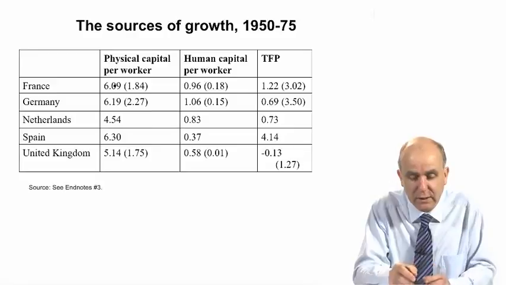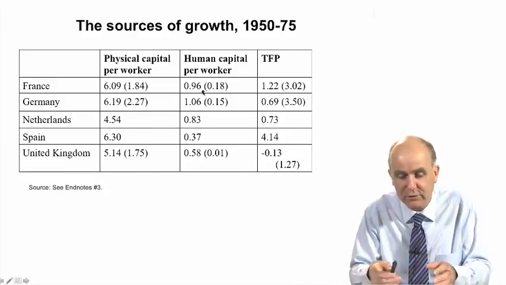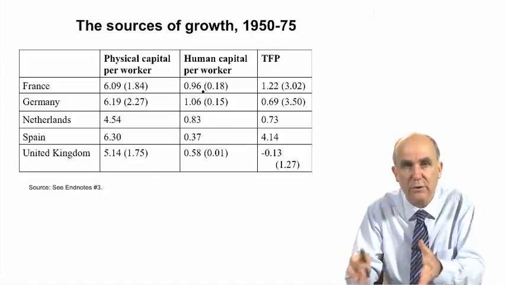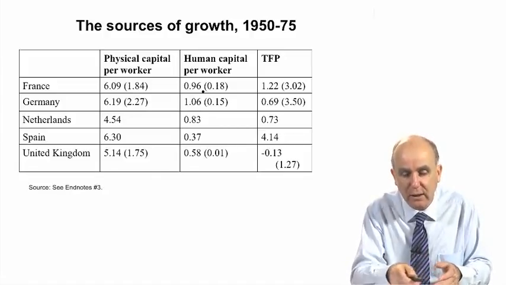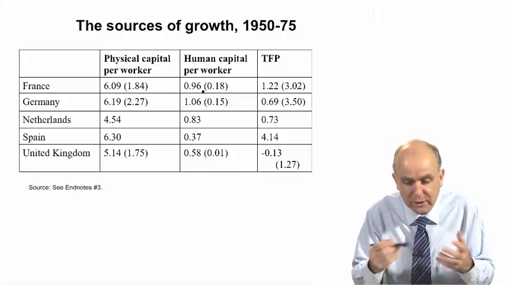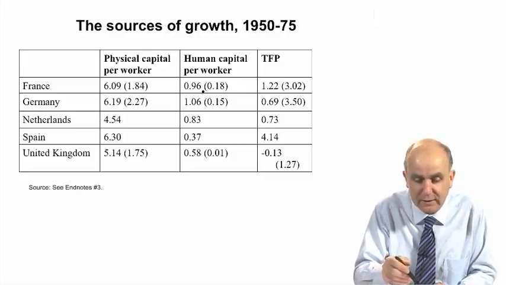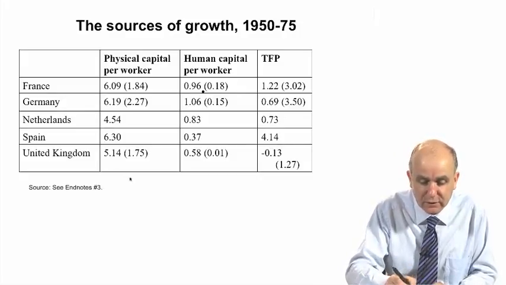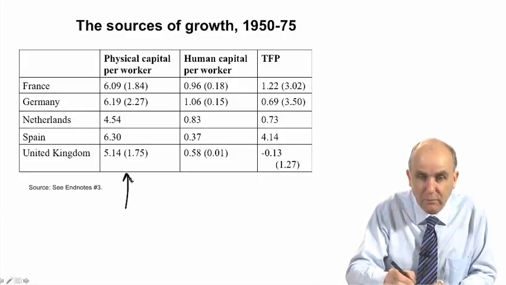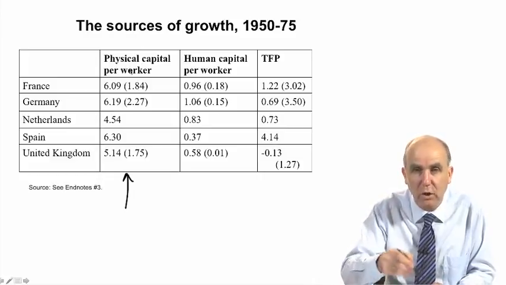And I've used two different sets of numbers here from 2 different studies, which take slightly different approaches to measuring physical capital and measuring efficiency. But you can see that both sets of numbers are providing relatively consistent stories, that the 2 big things that drove growth during this period were, first of all, growth in physical capital per worker.